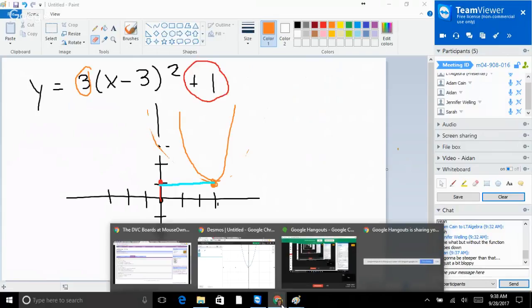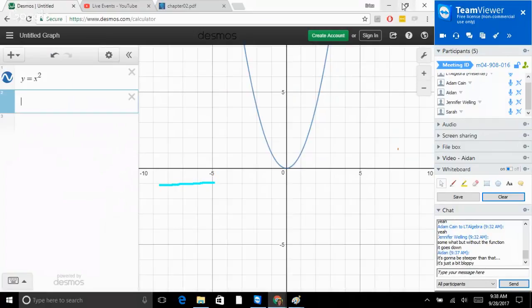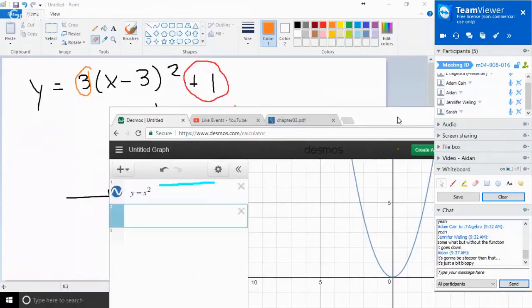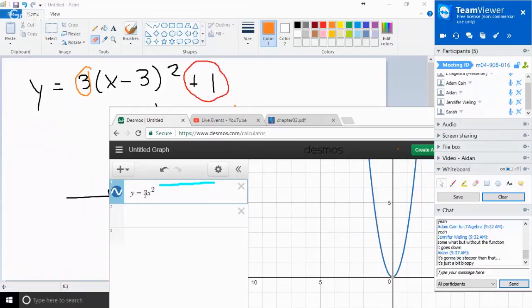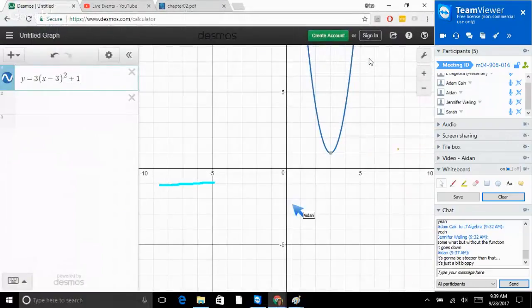I guess really to wrap this up, I should go back to Desmos and officially graph it so that we can actually get a pretty picture here to verify that we are on the right track. That looks much prettier than mine, right? So there's our vertex right there at 3, 1. Nice. There we go. Nice parabola.